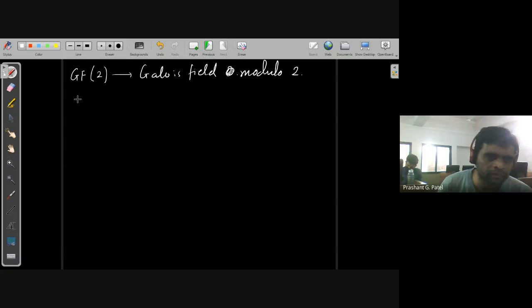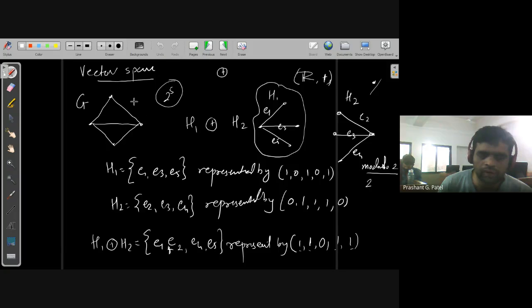So here I have given you one example. This graph G has four vertices, and with that we can construct two subgraphs of it, and we have made the addition of these two subgraphs.